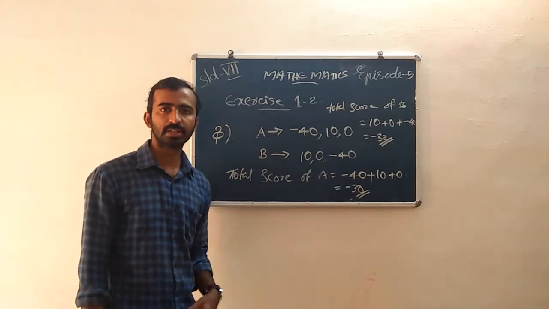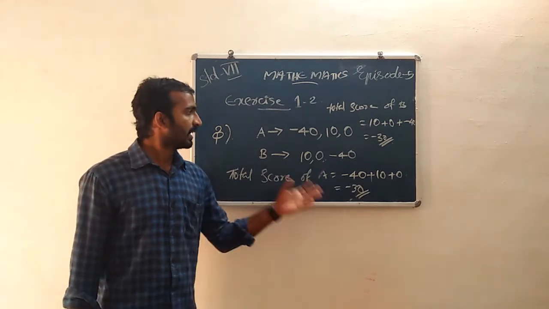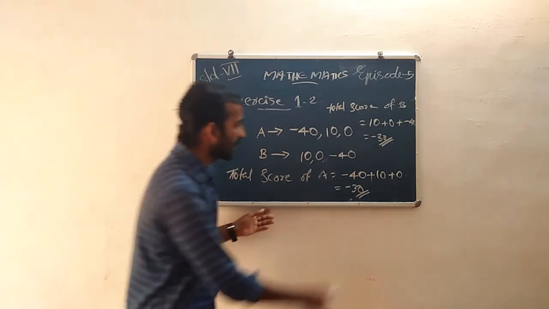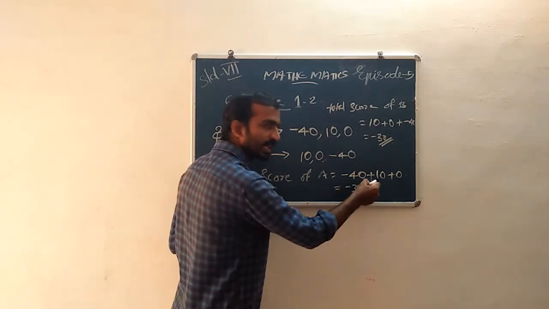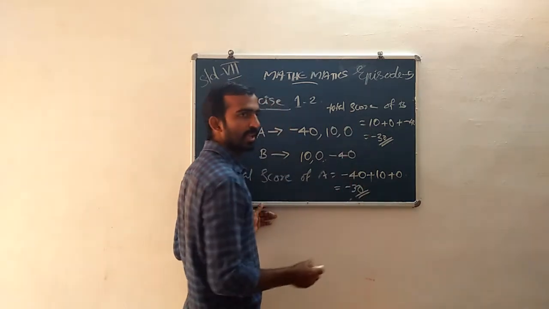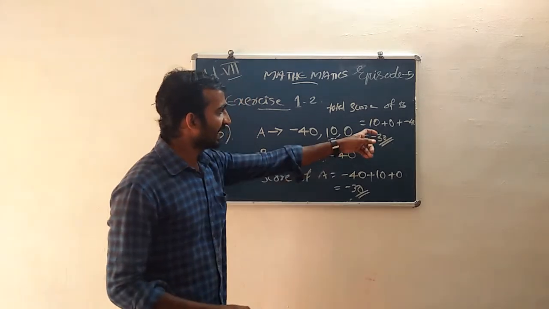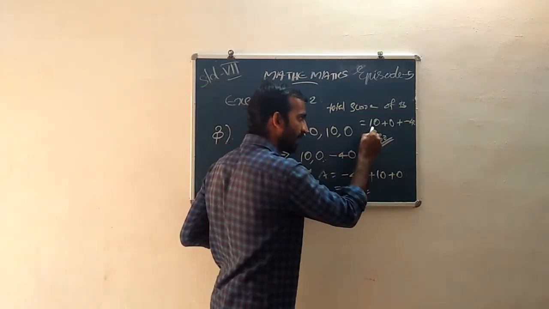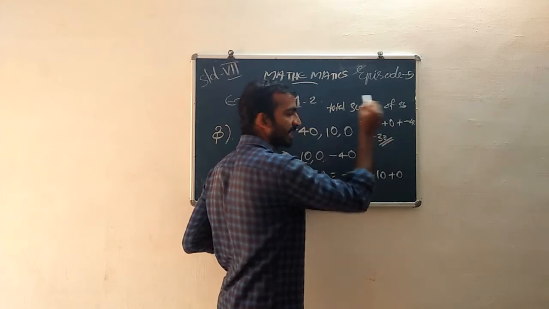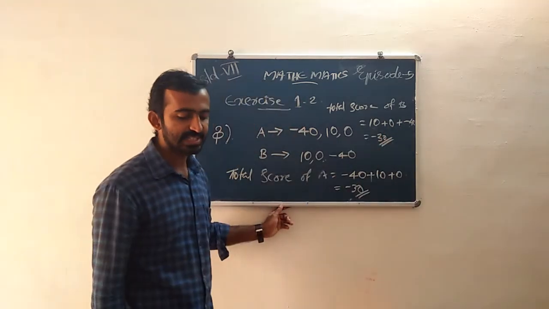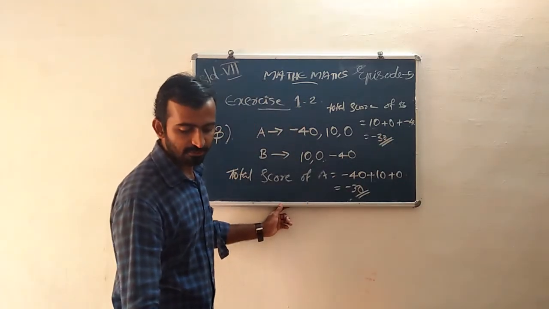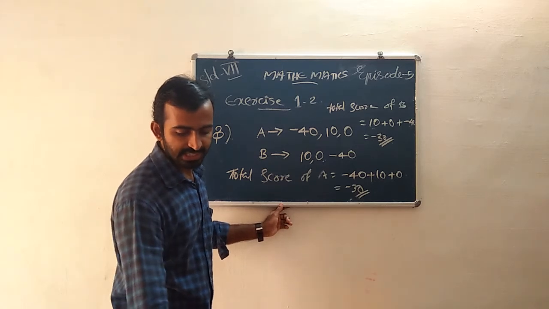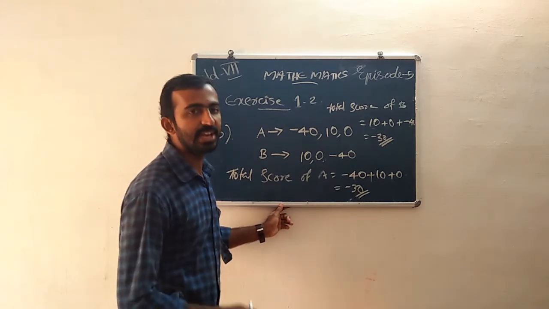That is negative 30. Here we can see negative 40 plus 10 plus 0, and otherwise 10 plus 0 plus negative 40. That is the answer to the second question. Can we say that we can add integers in any order?